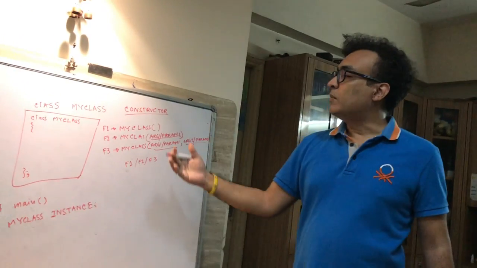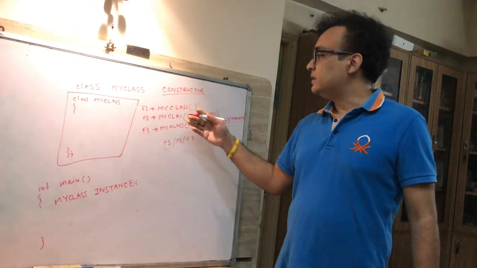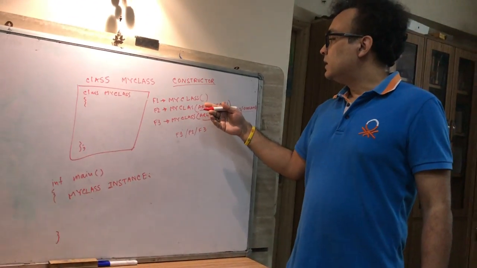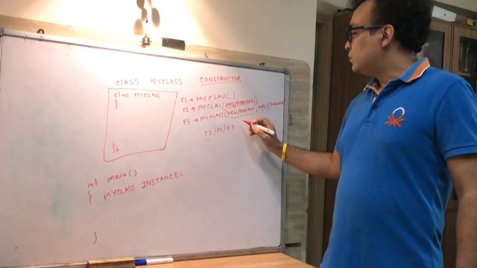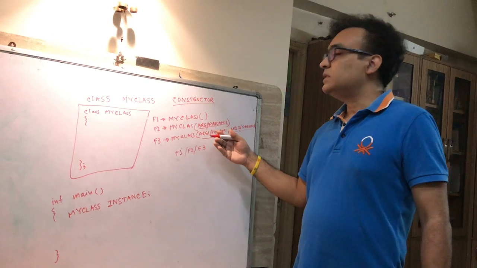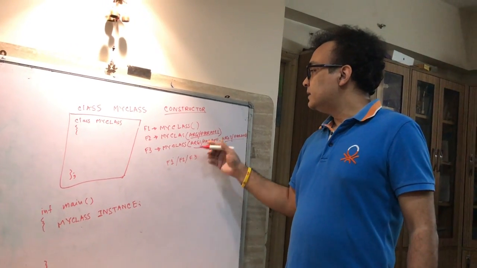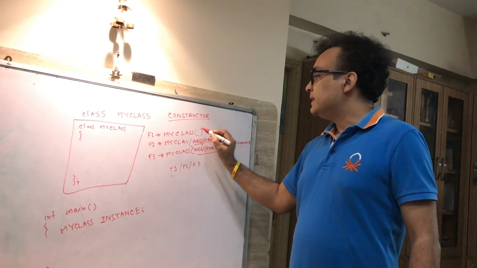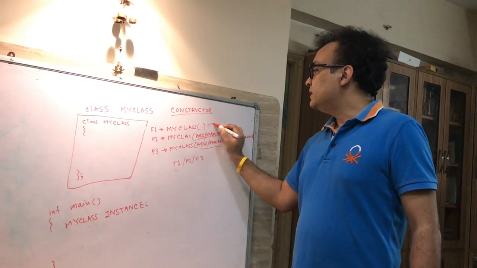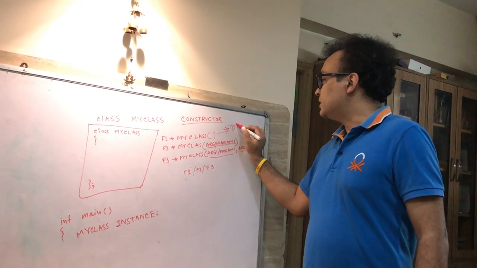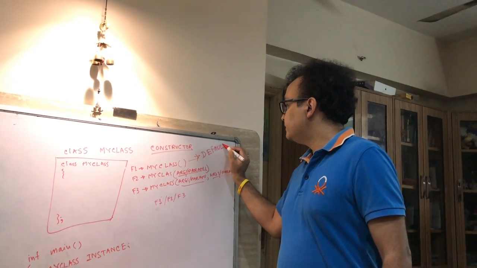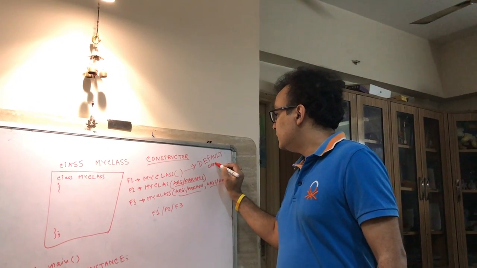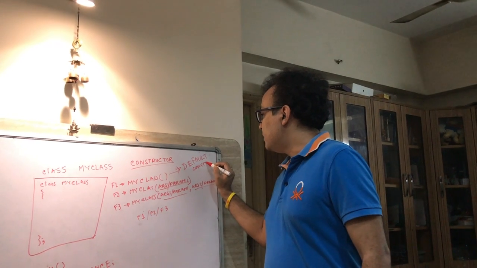Now the C++ compiler, based on its signature, that means the number of parameters and the type of the parameters, right? Based on that it will pick which constructor to call. And remember that if it does not have any parameter, then this becomes a default constructor. These are the terms that you should remember.